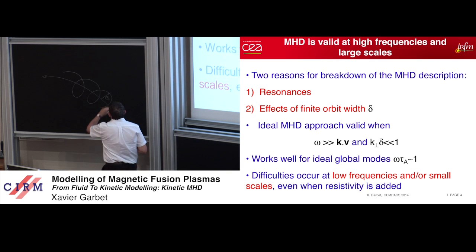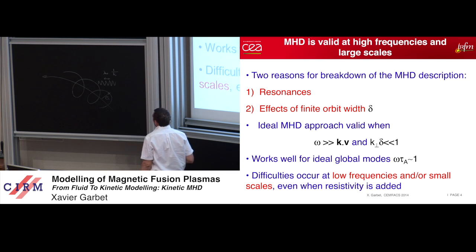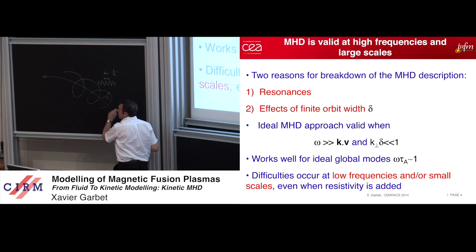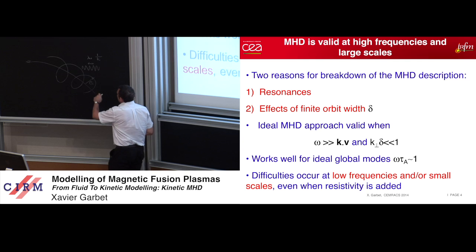And obviously, if you have an MHD mode which is at small scales, something like that, this would be the wavelength, which is more or less 1 over the wave number, to 2 pi somewhere. Quite obviously, if the Larmor radius, the size of the orbit, is larger than lambda, and also if the motion of your particle is much faster than the time of evolution of your mode, which is usually the case, the particle is going to average the field, right?